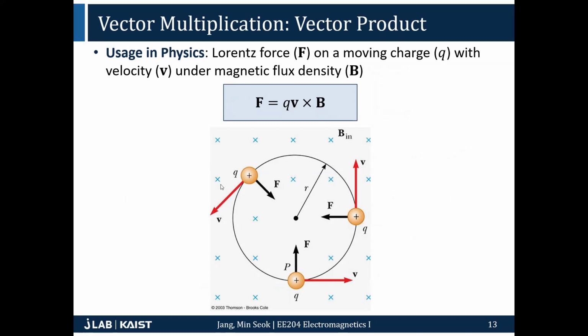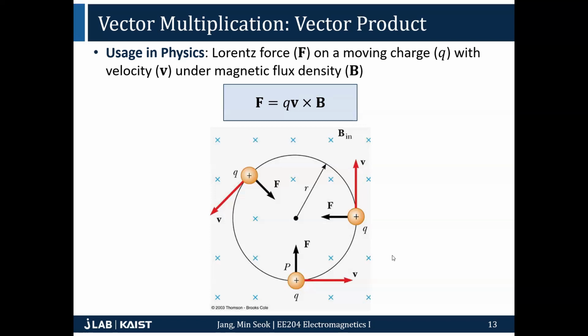If there is a charged object in a magnetic field, and this charged object moves with velocity v, then the force exerted on this charged object is F equals Q v cross B. So the cross product is conveniently used in this case. The force that this charge feels is not parallel to the B field nor parallel to the velocity, but it's perpendicular to both, right?